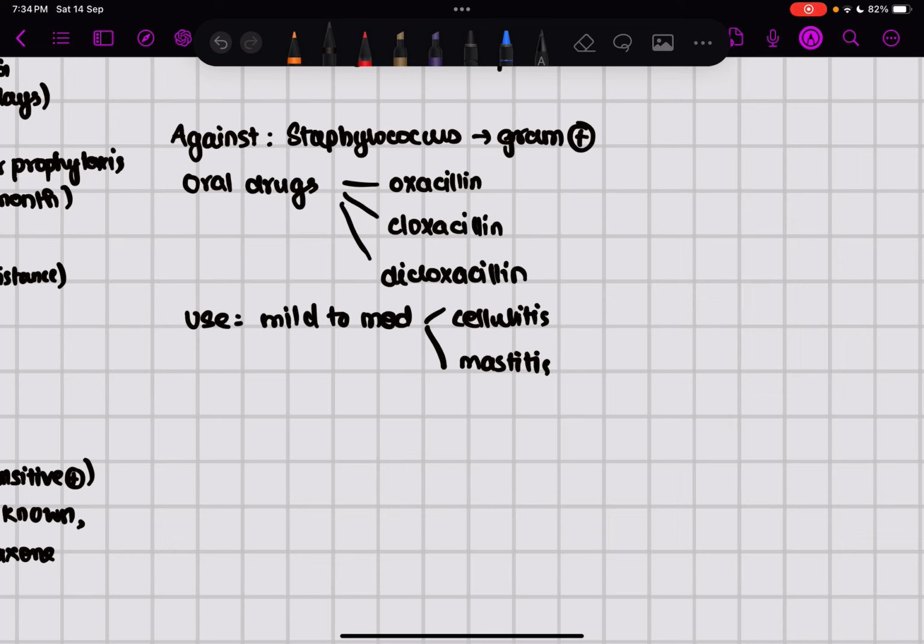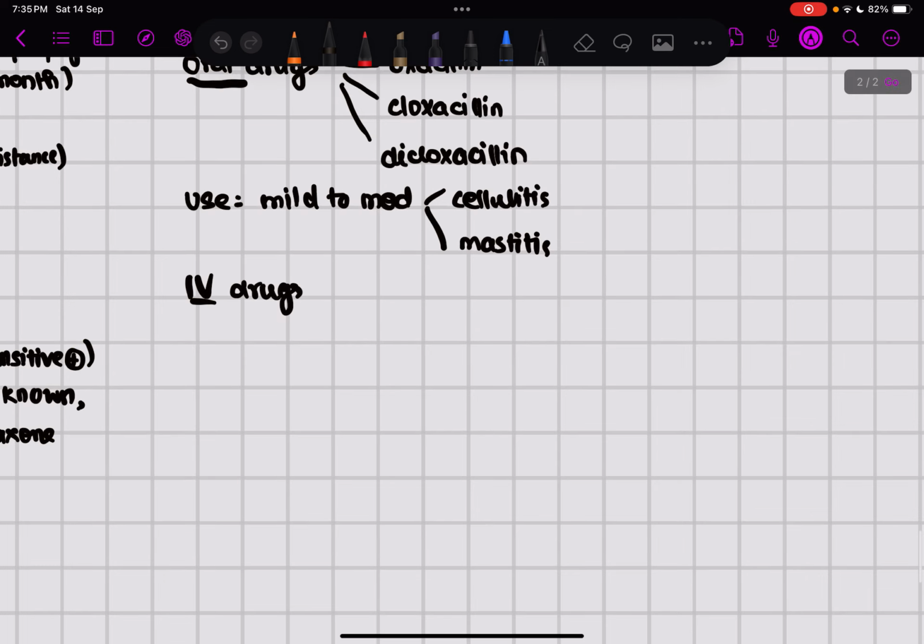And these are the oral drugs, and now the IV drugs. For IV, oxacillin, nafcillin, methicillin.